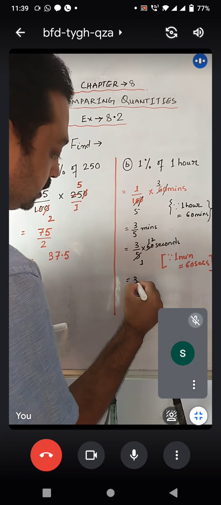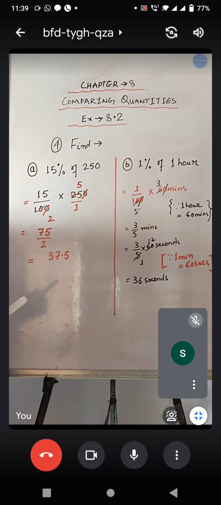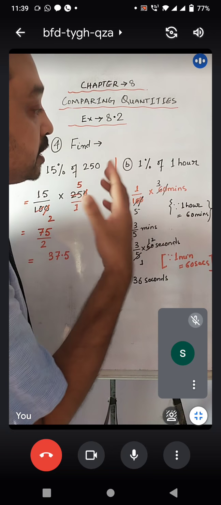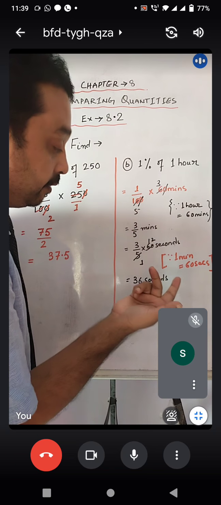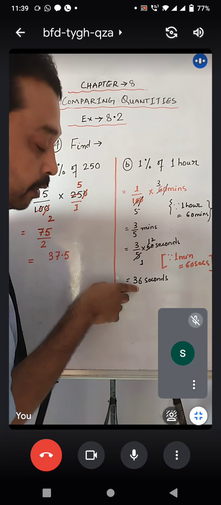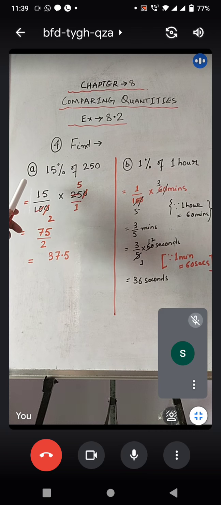So your answer is 36 seconds. As per the requirement, you always try to give your answer in the whole number form. If there is any way that you can convert the fractional form to the whole number form, then obviously you try to do that only. Okay, so these are the two solutions of question number 4, that is sum number A and sum number B.